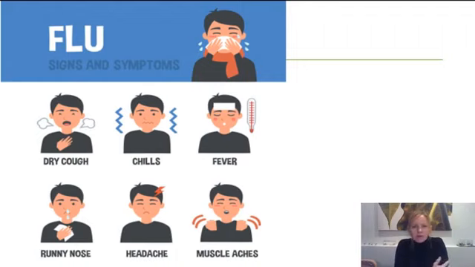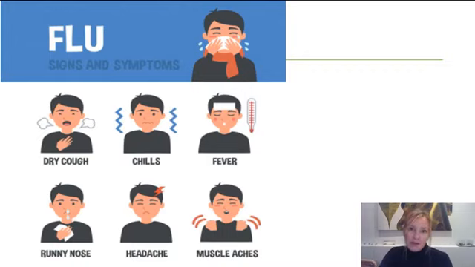You can have the chills, fever. What else have I got here? Wait, one moment. Runny nose. Can you see here the picture of runny nose? A headache and muscle aches. Okay, muscle aches, or you say, oh, I feel achy.